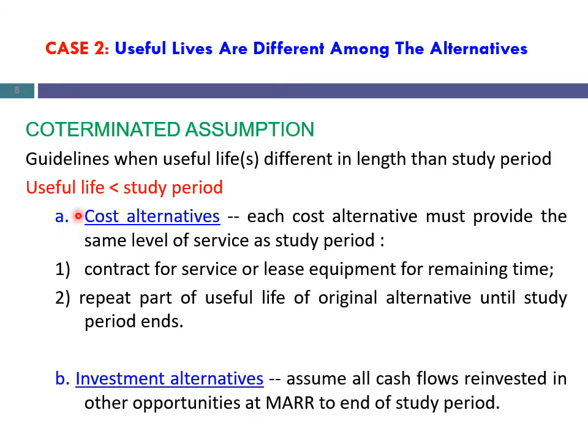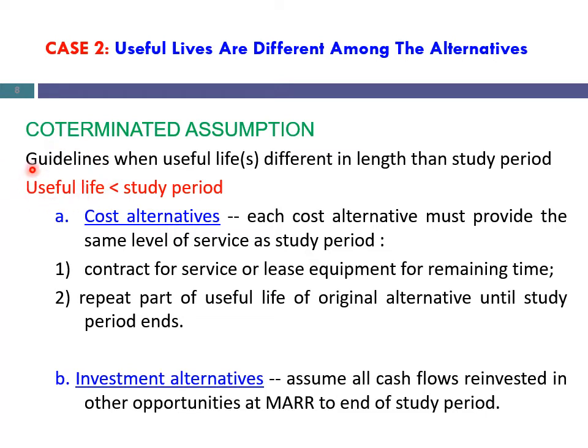When the useful lives of the alternatives are different from the study period, we may have different situations, and for each of these situations, we may need to do some adjustments on the cash flow based on the difference between the useful life and the study period.